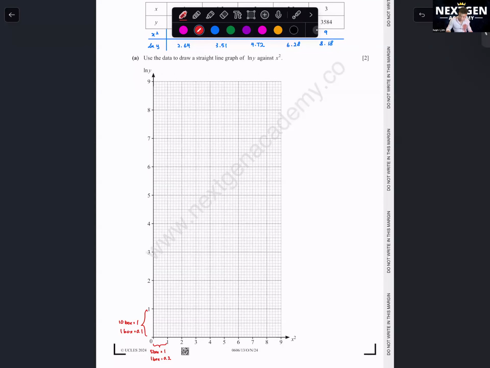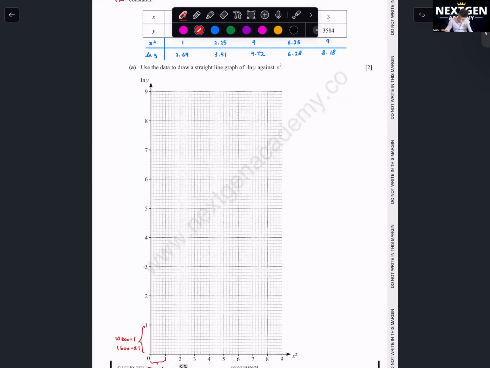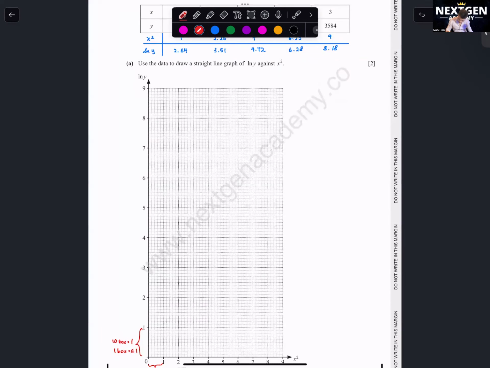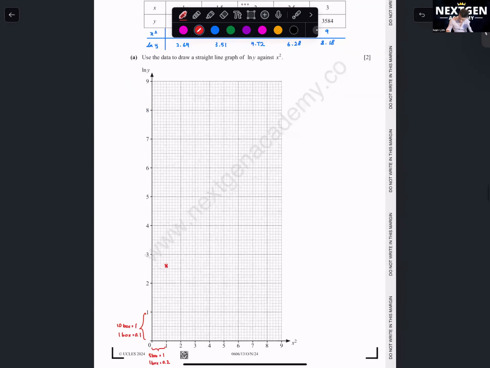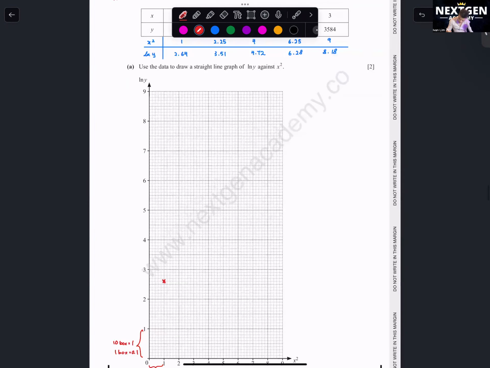So first one, 2.64. Okay, so we do 2.6. 2.6 will be here. One trick I teach you all: draw your x a bit fatter, so when you draw the graph, at least it looks like it can go through all the points. Try not to put a dot, because later when you check back, you don't know where your point is. When you draw your line already, you cannot check back. 2.25, I will round it up to about 2.3, and 3.5.